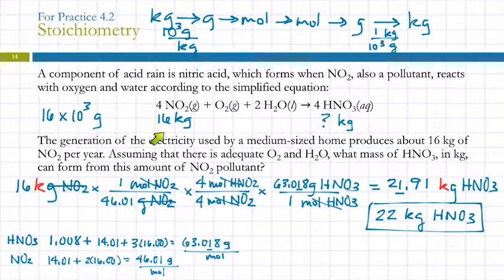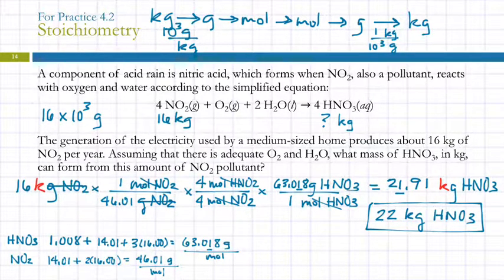So this is the sort of variation on this overall process that you're going to see, okay? So here I've shown you how to do the kilograms to kilograms, but there could be on a test: start with grams and end up with kilograms.